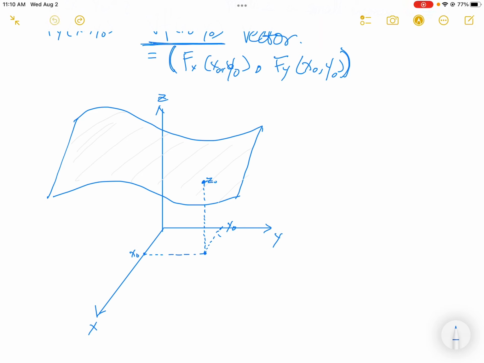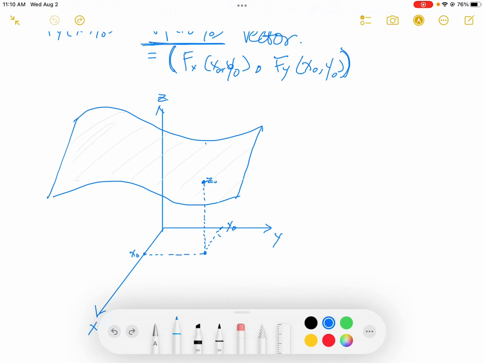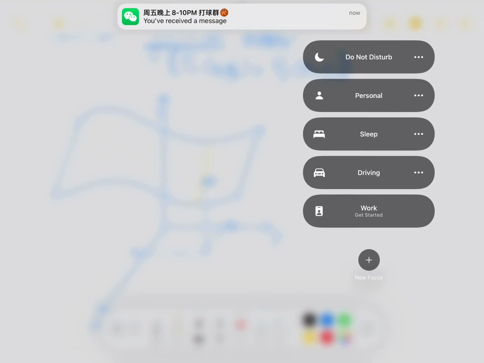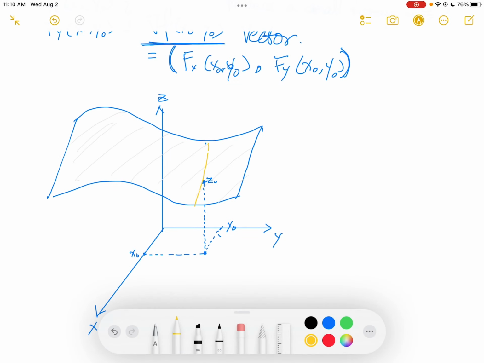So basically, let's say, I'm going to use a different color here. So let's say this line here is the level curve, okay? Z equals z0.